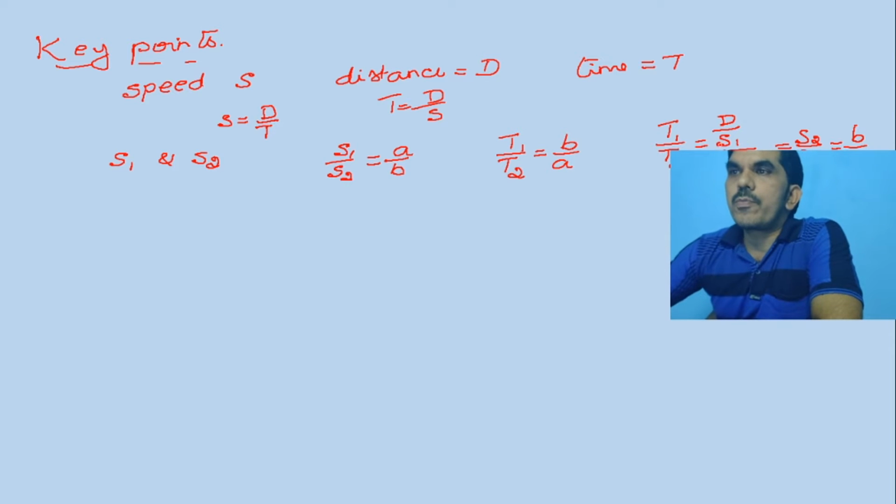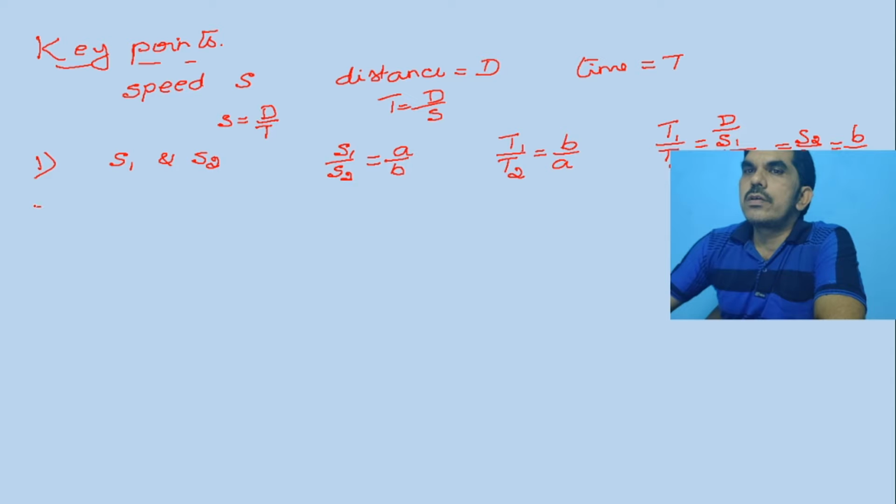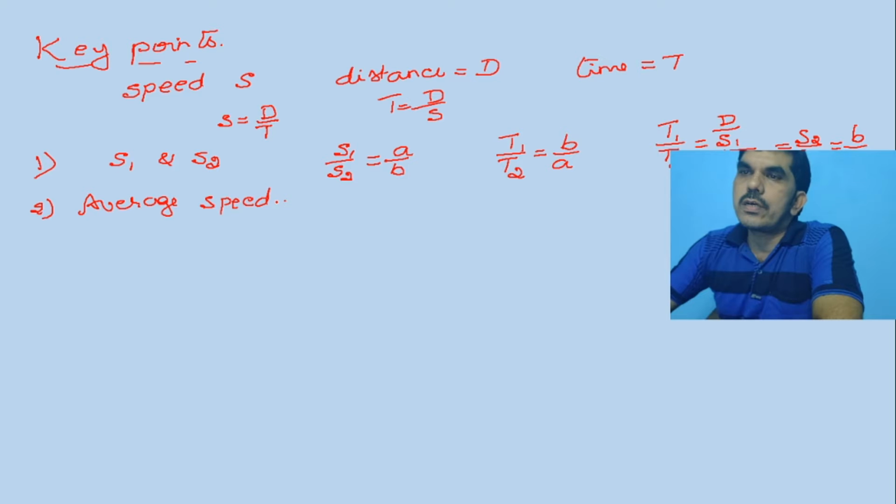So while solving the problem, we need to remember this point. This is the first point. The second point is about average speed. Average speed comes when an object covers different distances in different intervals of time.